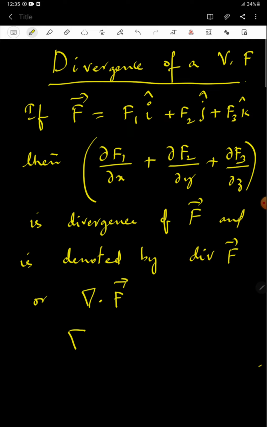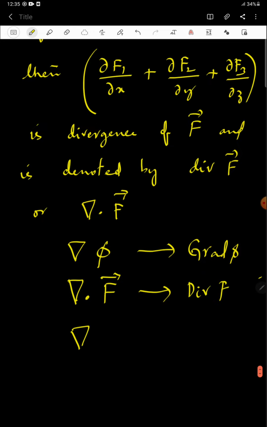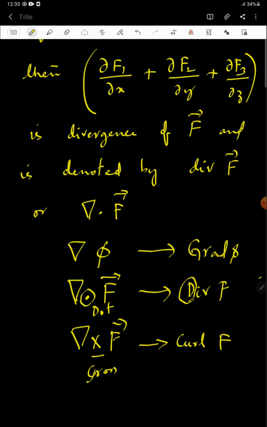Keep in mind, del is calculated for a scalar. This is grad phi, and del with the dot, for a vector function, is divergence f, and del cross f is curl f. You can remember that d is for dot and d for divergence, c for cross and c for curl.